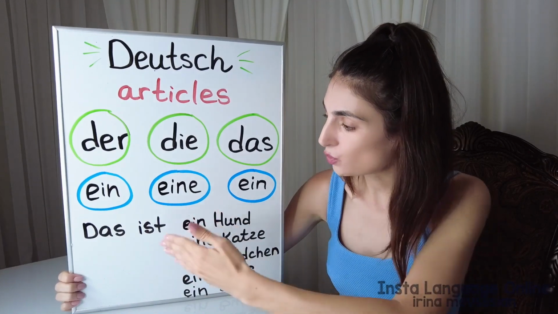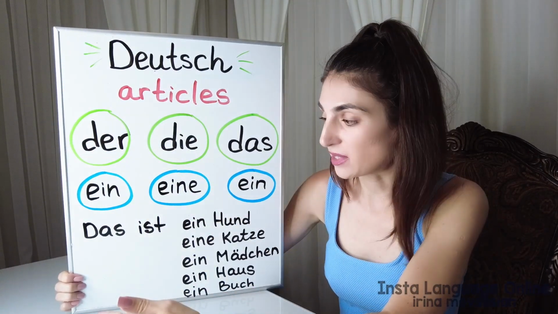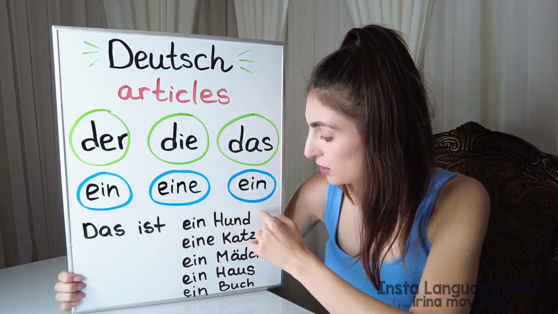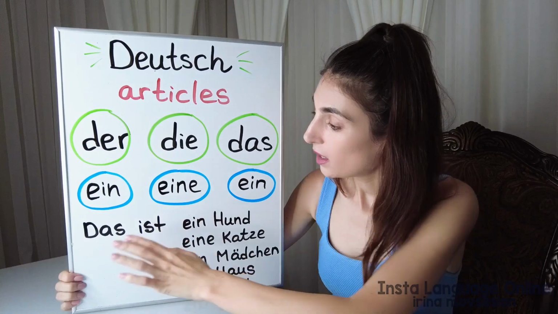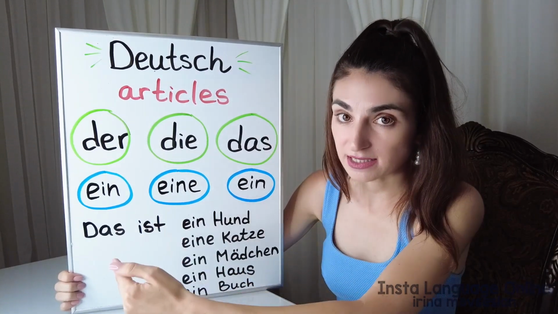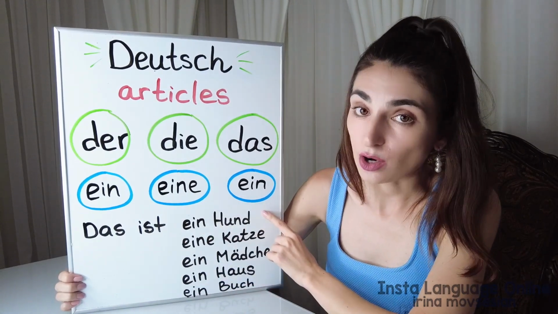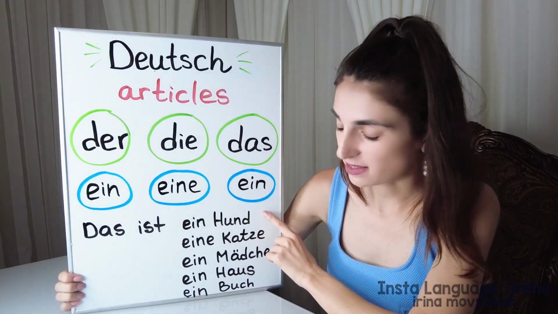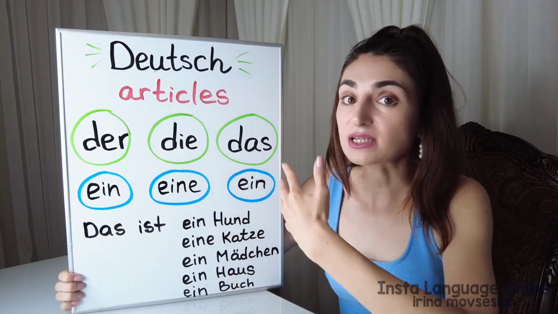For example, you are introducing somebody or something, or you're showing it. For example, das ist ein Hund. This is a dog. This is one dog. What do we see here? Das ist, this is, and then we put an article. First of all, it's der Hund. A dog is masculine. So you need to remember, we talk about the subject for the first time.